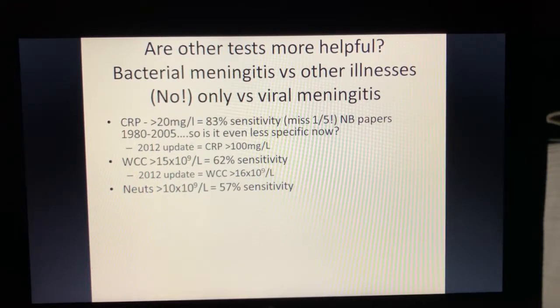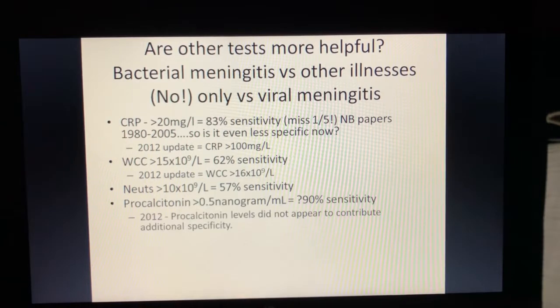And remember, a lot of these were done in the 2007-2010 era, when the incidence was dropping, but not as low as it is now. So, what about the promise from the use of procalcitonin?